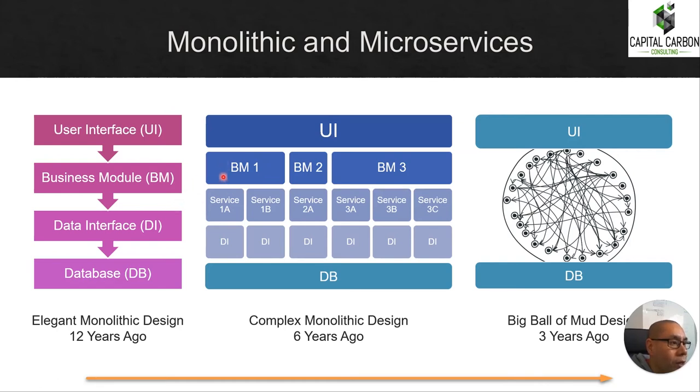The business module talks to the service, and each of the services has its own data interface, and the data interface connects to the database. That is a simple Java MVC 3-layer architecture. It looks not complicated, but think about if you have more than 20 business modules, that is a nightmare to the development team. It was hard to maintain and develop such a monolithic system.